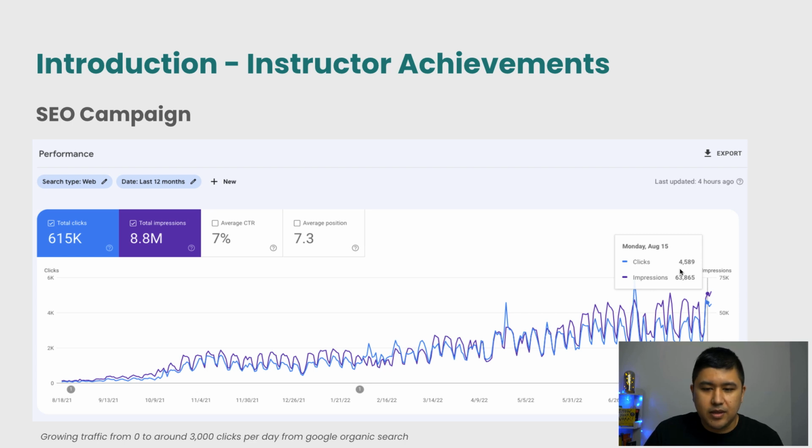So if it's 3,000 clicks a day on a 30-day month, you're getting 90,000 visitors from organic, right? So on average 3,000 times 30 is 90,000, so around 90,000 to 100,000 clicks from Google search to the website.